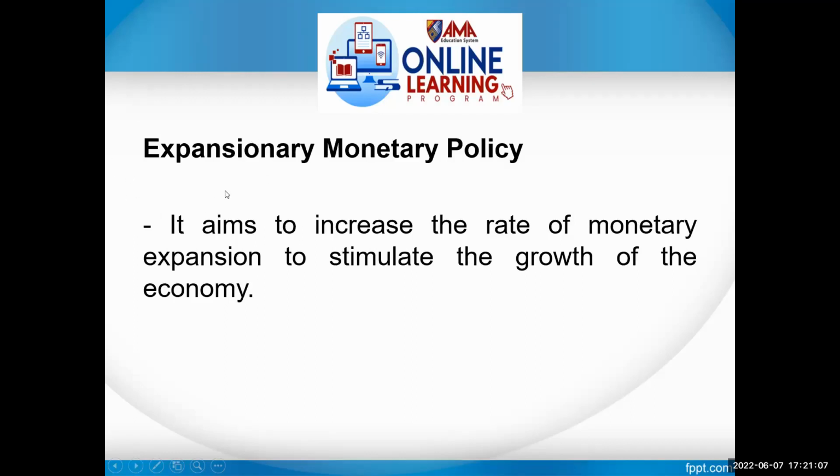Instead of restricting, it aims to increase the rate of monetary expansion so that the growth of the economy will be stimulated. So see, the two are equally different policies. One is to restrict circulation. The other one is to spend more, to expand more the supply of money within the economy.